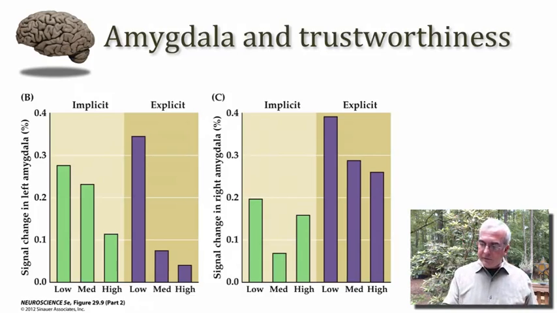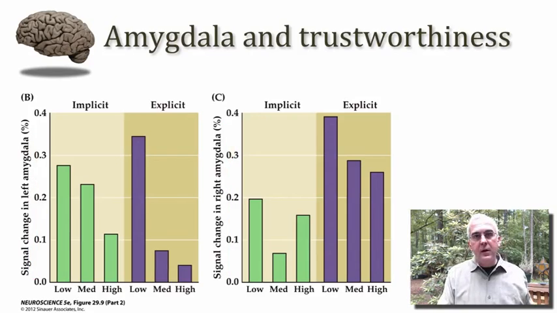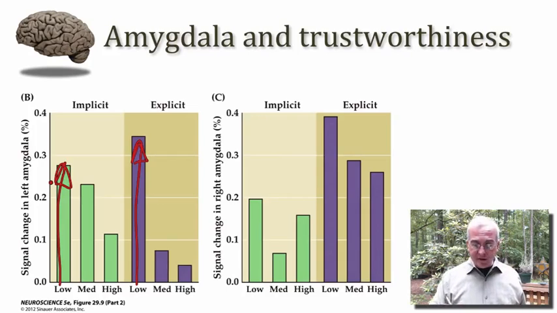But in both cases, what we see is a clear relationship between activation in the amygdala, left and right, and judgments of a person's face being untrustworthy. So what's very clear in these data is that when amygdala activity is high, our judgments of trustworthiness are low.